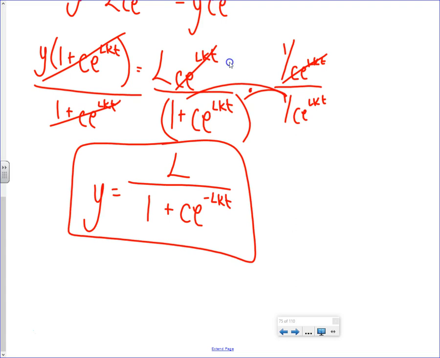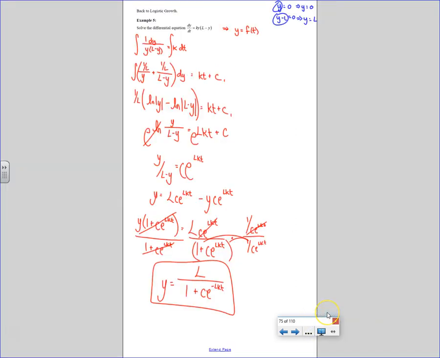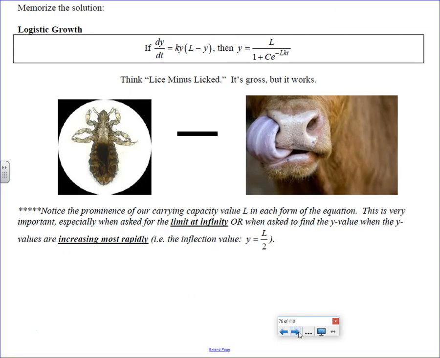My question to you is, how fun was that integration? Not so fun. Good thing there's a way to memorize it. You ready? Logistic growth: L over 1 plus C e to the negative L k t. "Lice minus licked." L-I-C-E, minus L-K-T.